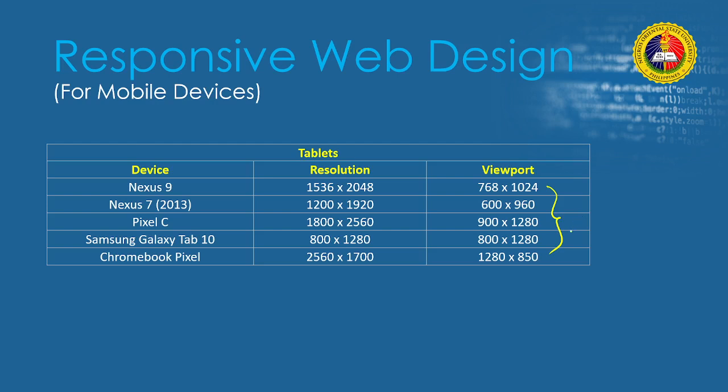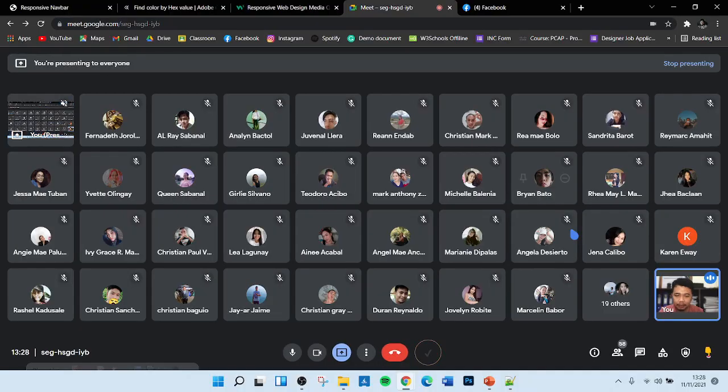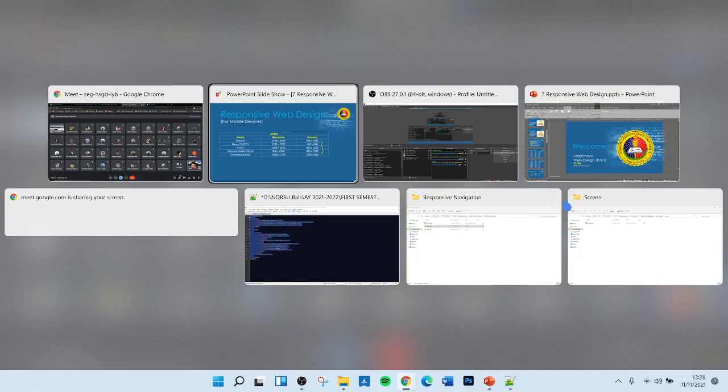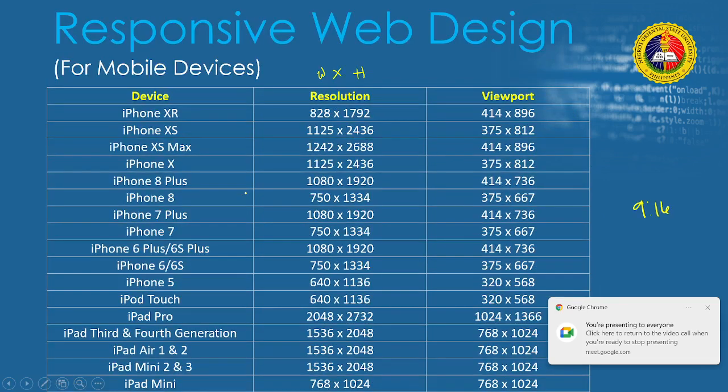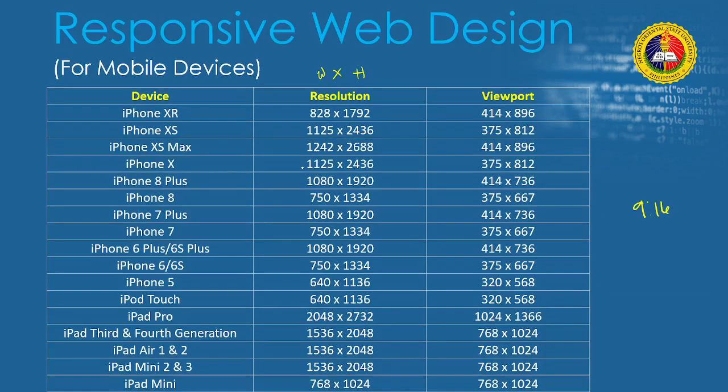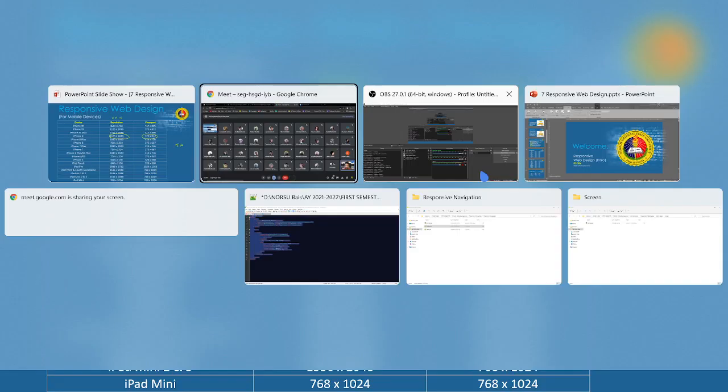All right. So let's take a look here. Let's say for example, in our table, the iPhone 10 has a resolution of 1125 by 2436. But the viewport is only 375 by 812. So let's check. Let's open up our browser.